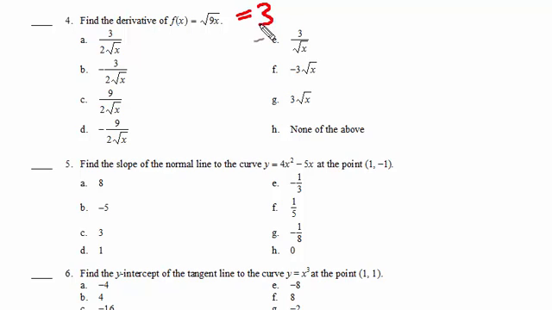But the easier way is to actually just factor out the 9, take the 9 out of the square root. That gives you 3 times the square root of x, or 3 times x to the 1/2. And then you can go about it different ways.